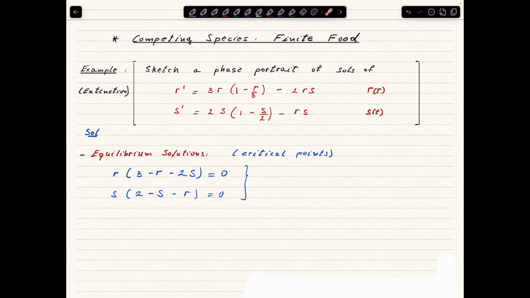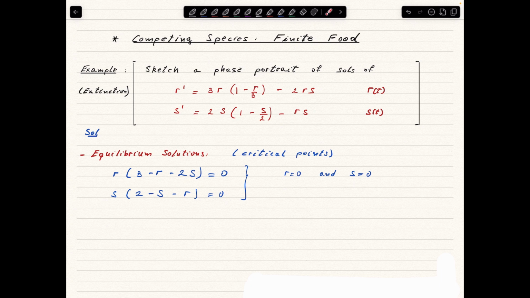For example, one solution is r equal 0, s equal 0. r equals 0 satisfies the first equation, s equals 0 satisfies the second. So r equals 0 and s equals 0 is one solution.